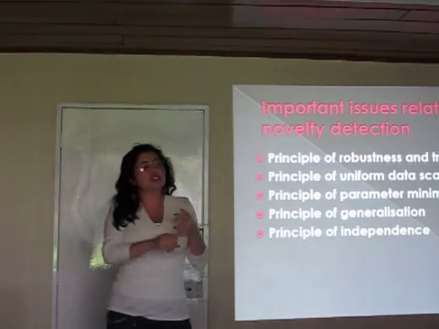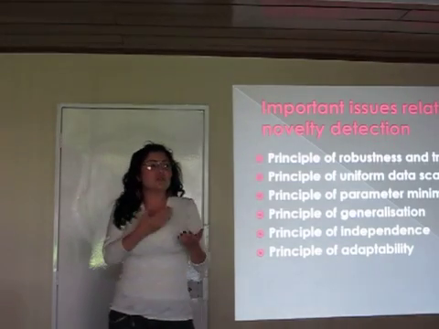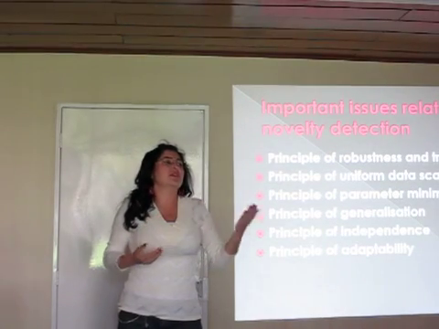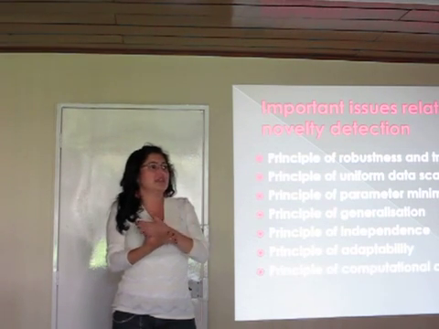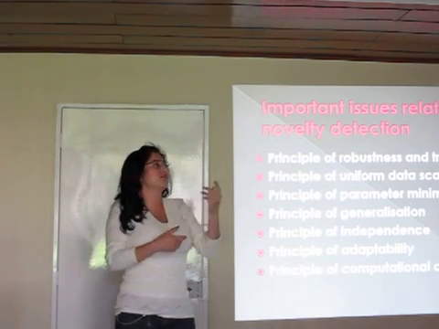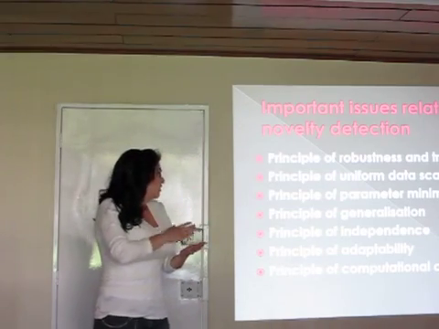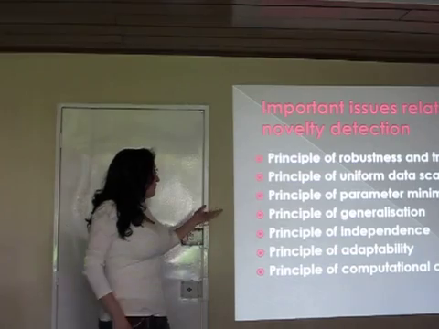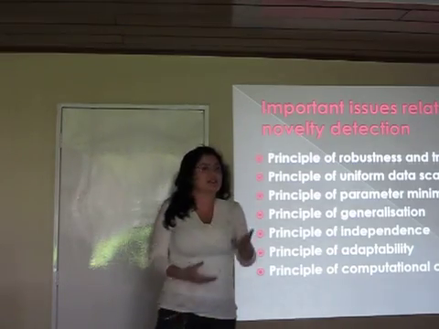Independence from features and from unbounded classes, and also it has to be able to adapt if it recognizes novel data in the training stage. You have to be able to learn from this data and use it in the future. Finally, it has to be as computationally inexpensive as possible.